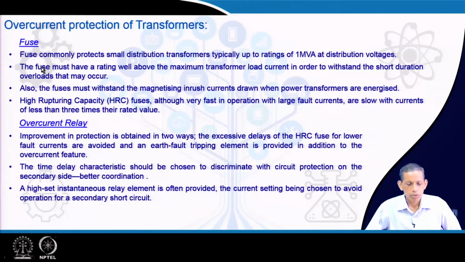this is applied mostly to small MVA transformers. The fuse rating must be greater than the corresponding transformer rating, that is, the rated current of the transformer. Also, the fuse must withstand the inrush current, which happens to be much higher, but limited to a certain period.